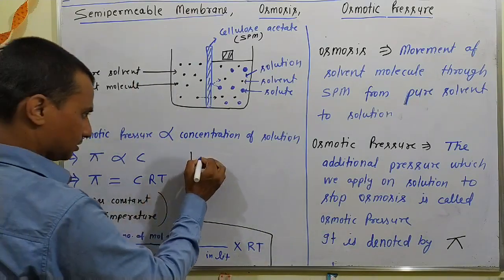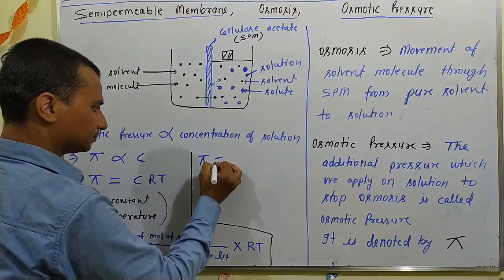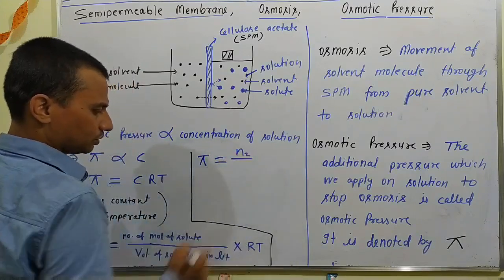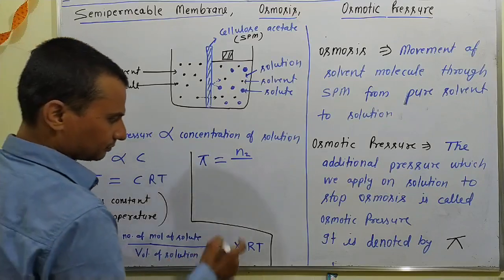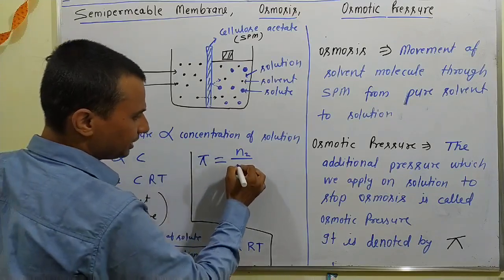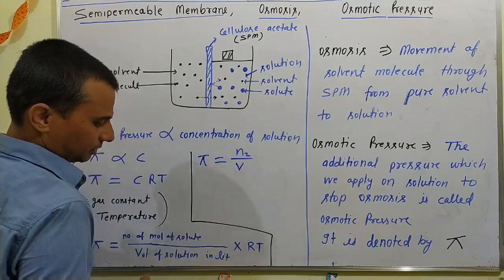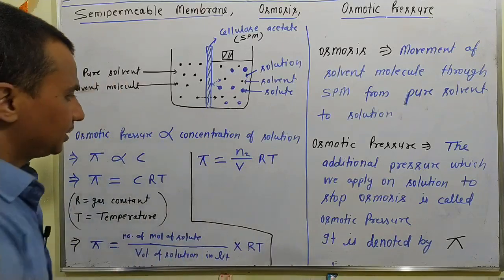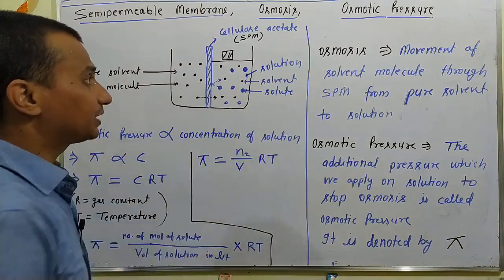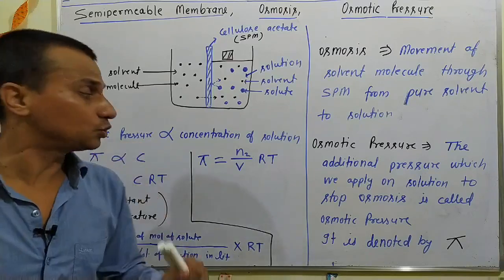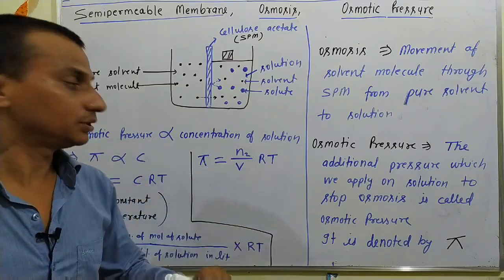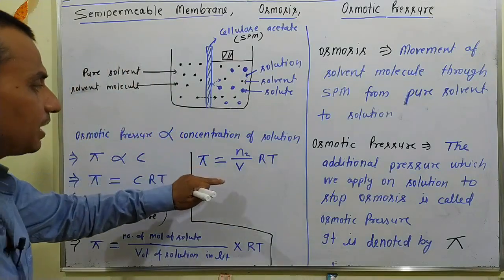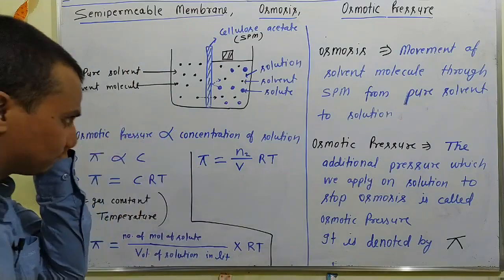Thus pi is equal to n2 by V RT. This is your formula. Osmotic pressure is used to find out the molar mass of solute. Now I am going to explain how to find out the molar mass of solute with the help of osmotic pressure.